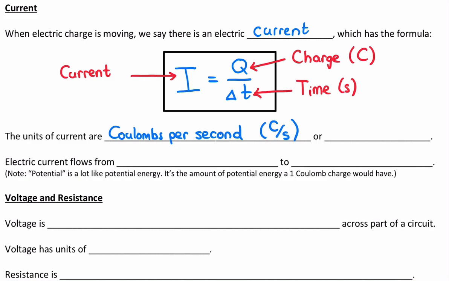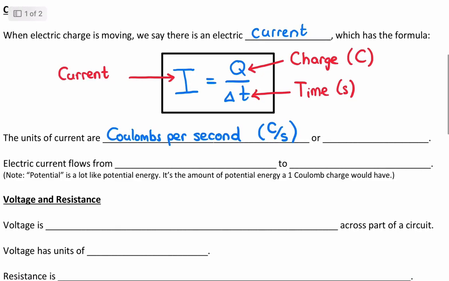And there's another way of saying coulombs per second, and that is amps. Or just a capital A is the symbol for amps.